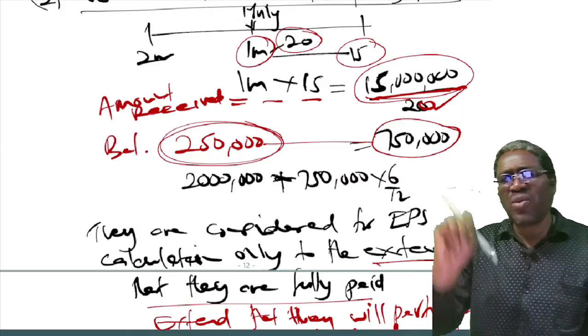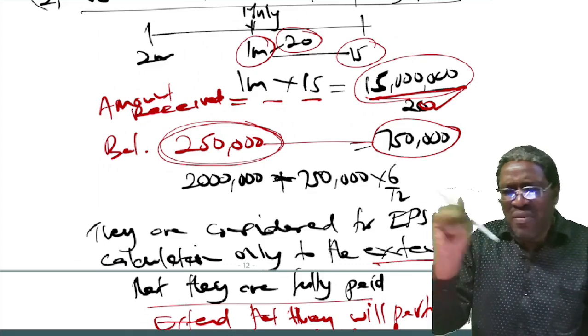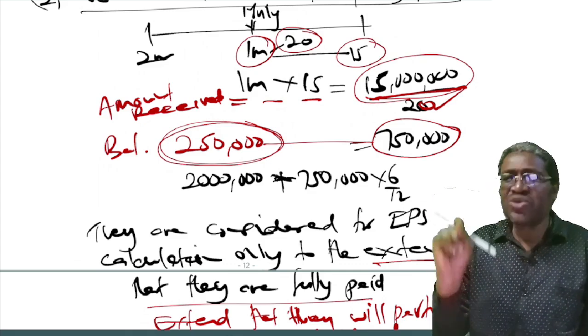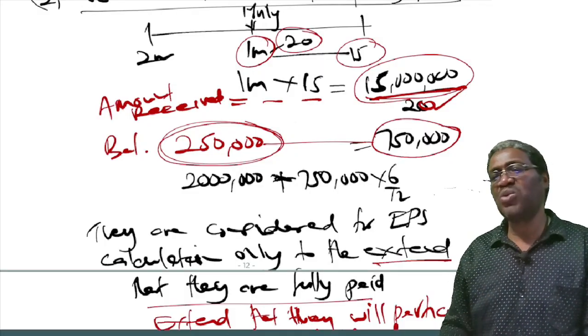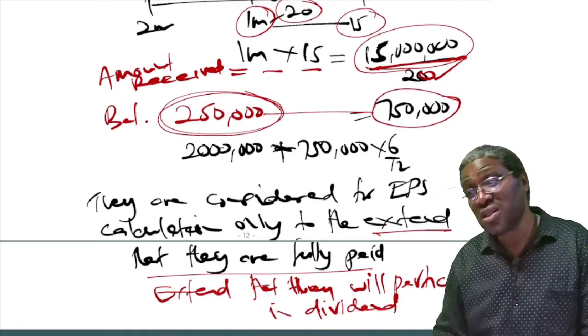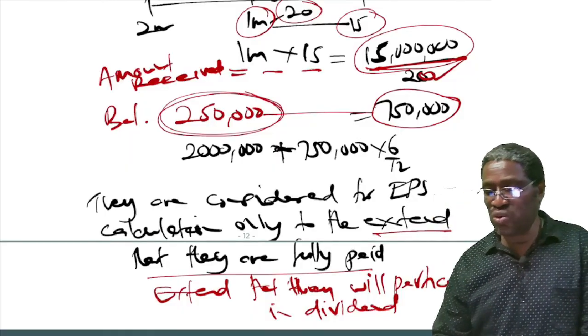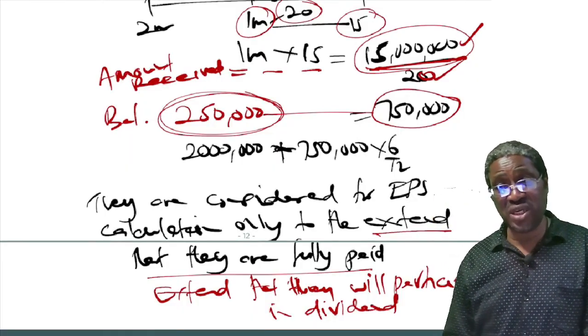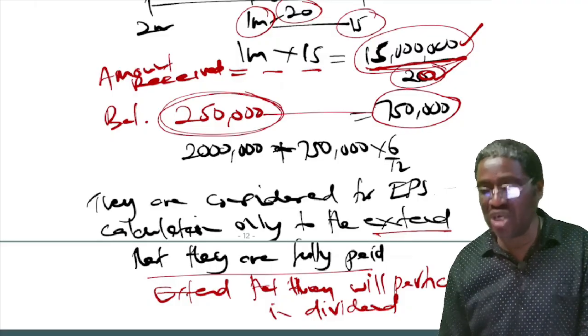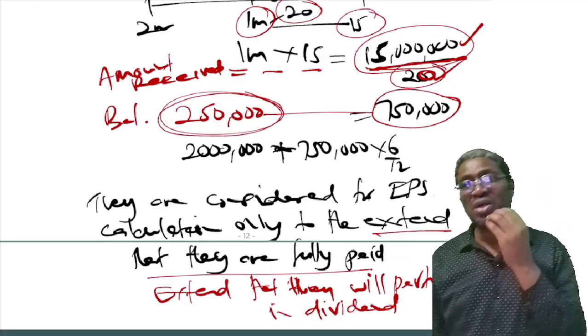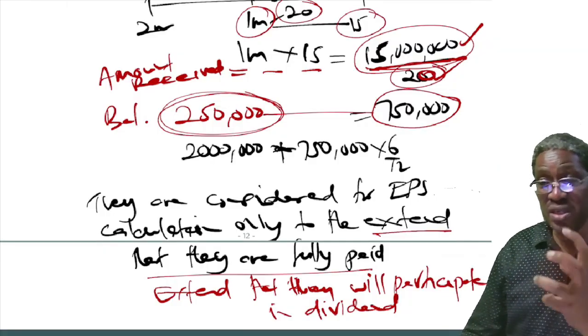So out of the 1 million, how many of them are considered to be fully paid so that they participate in dividend? That is what we are getting as 750,000. How did I get it? I took the amount received from the issue of the shares, which is 15 million. I divided that by the market price per share, which is 20 from this illustration, and I got 750,000.